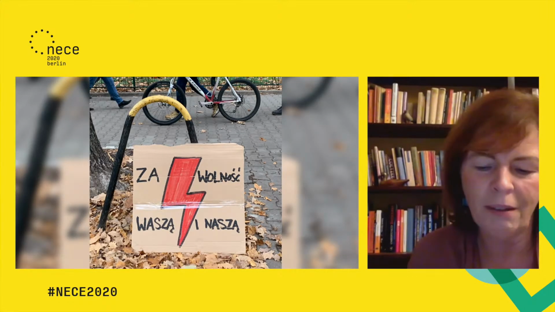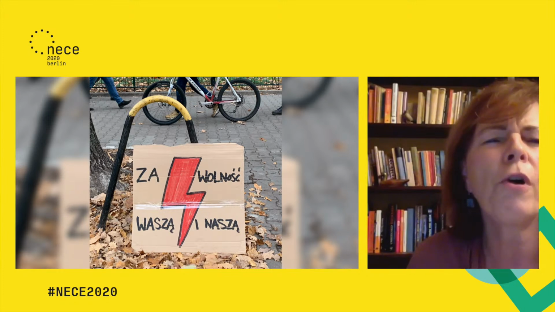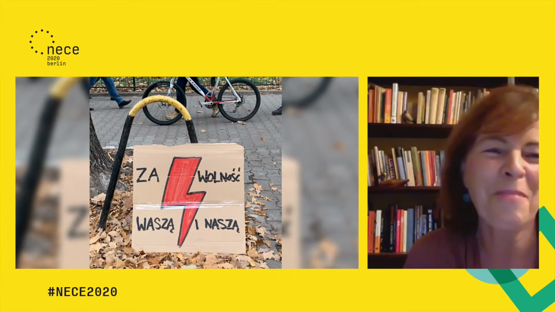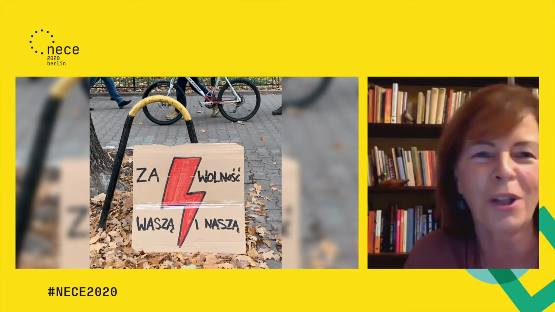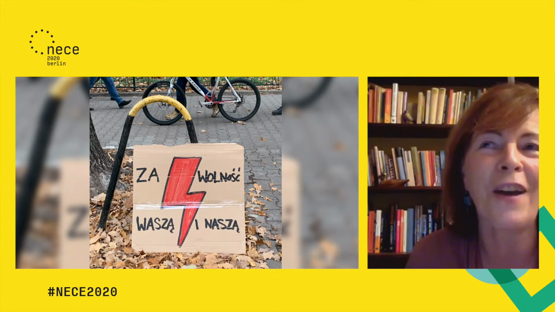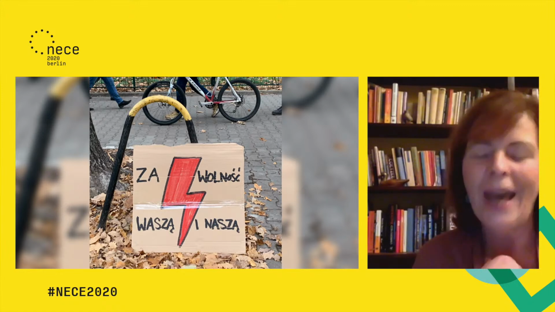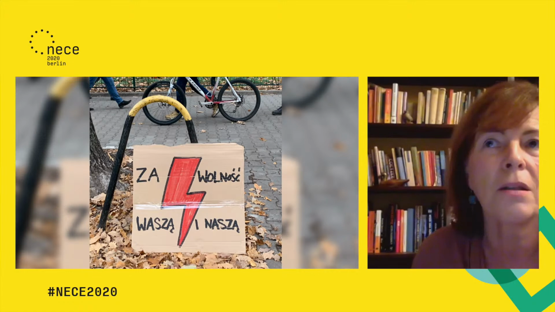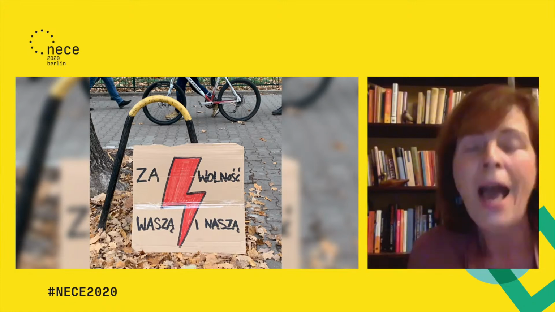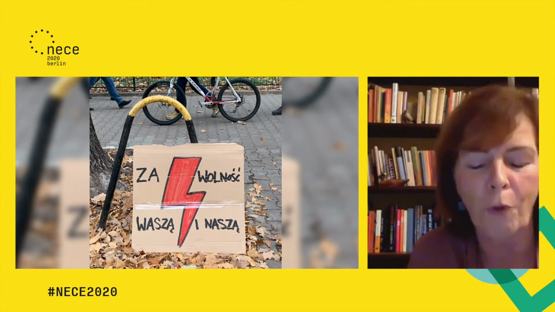And what we are witnessing in Poland, and this is the slide, it says, for freedom, yours and ours, maybe also yours. I'm talking to the people who know that you can't be free if other people are not free. So I think this points to the fact that democracy is really fragile, and that after the attacks on the independence of the judiciary, on independent media, and on LGBTQ rights, we can see now this move against the rights of women.